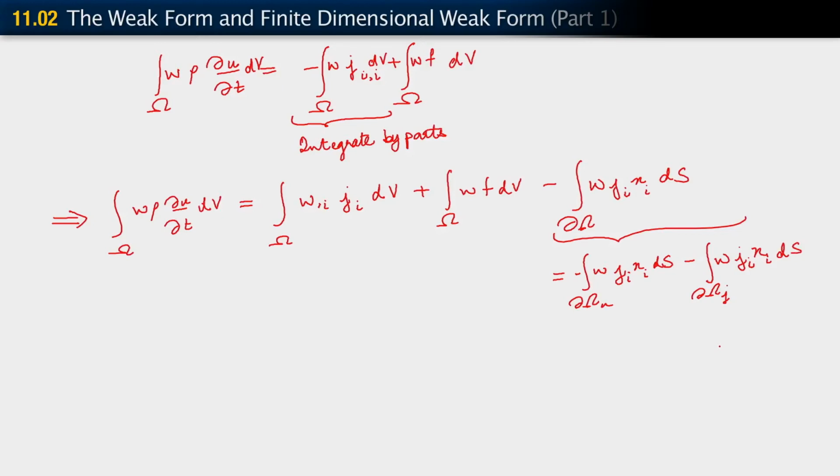We have these two terms, and then we invoke our boundary conditions on the strong form, as well as our homogeneous boundary condition on the weighting function. Given the way we've always defined the weighting function, we know that W goes to 0 on the Dirichlet boundary, so that term drops out. And here we know that J_i n_i on the Neumann boundary is minus J_n.